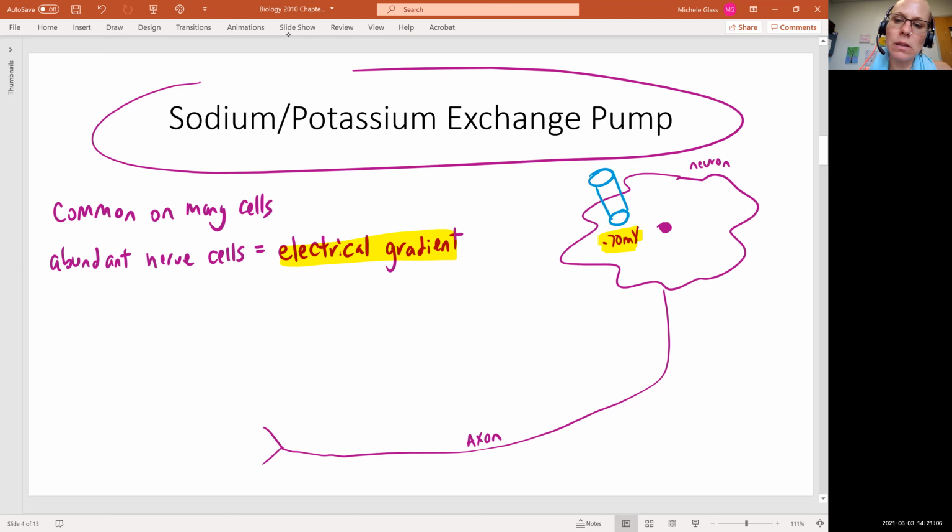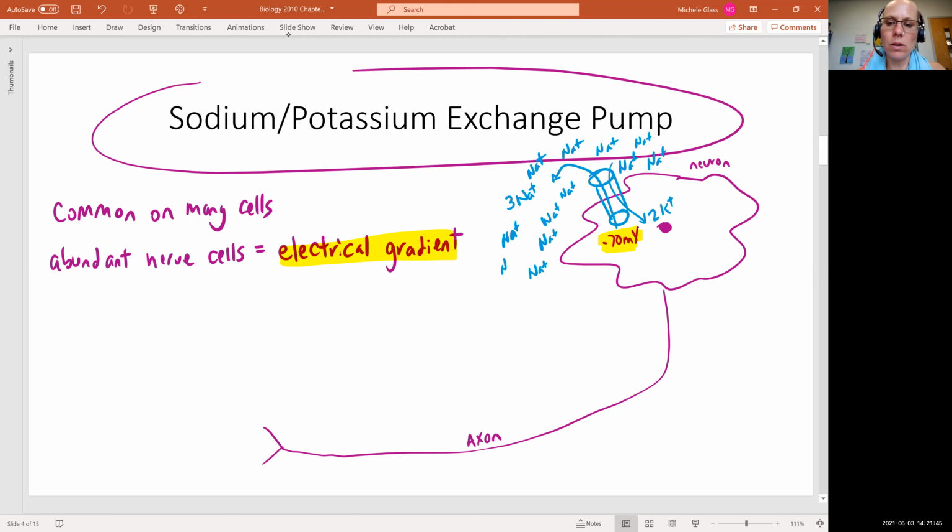And what we're going to see is that it's going to actively pump 3 sodium ions out of the cell, and it's going to actively pump 2 potassium ions into the cell. So it's not equal. We get all kinds of positive sodium on the outside of the cell as a result of this pump. So I'm loading up my extracellular fluid with sodium.